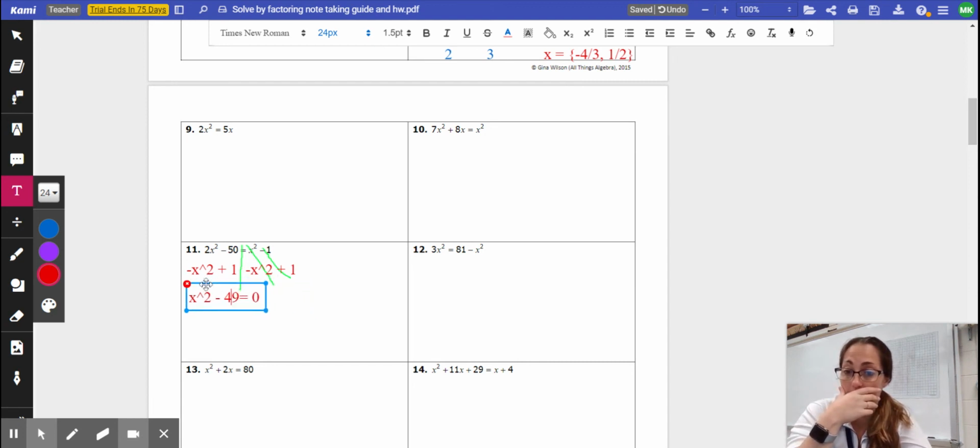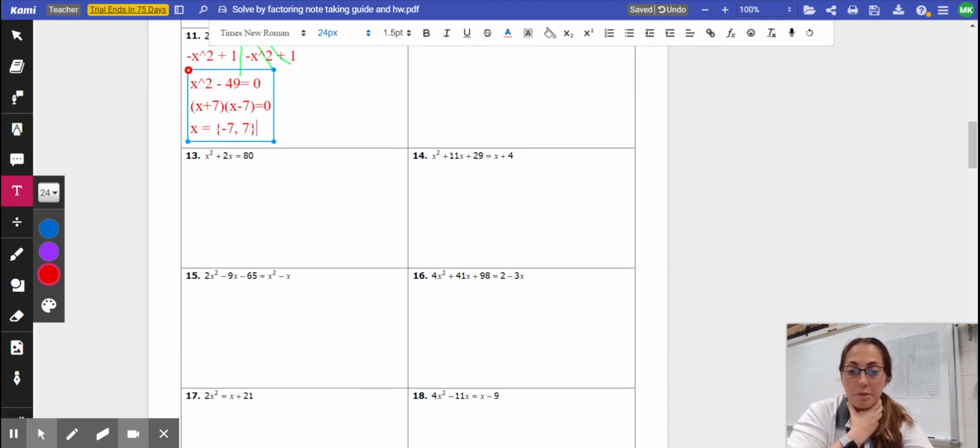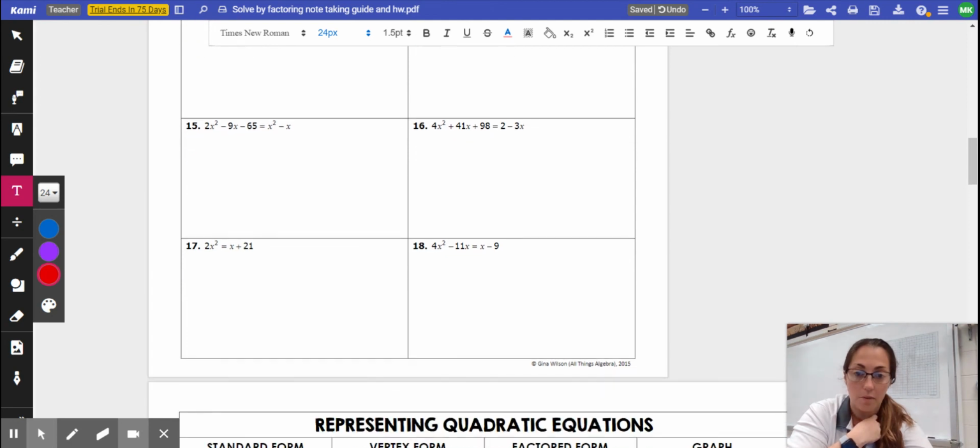And that's pretty great because that's the difference of two squares. So I have x plus 7 times x minus 7. The difference of two squares equals 0. And then I have my two solutions, negative 7 and positive 7. Awesome. Same idea with all these. You just have to get them equal to 0.